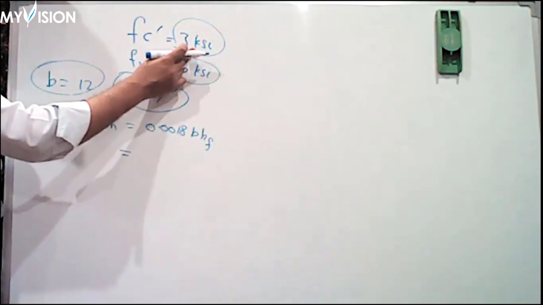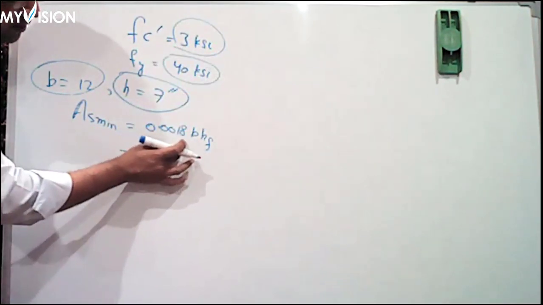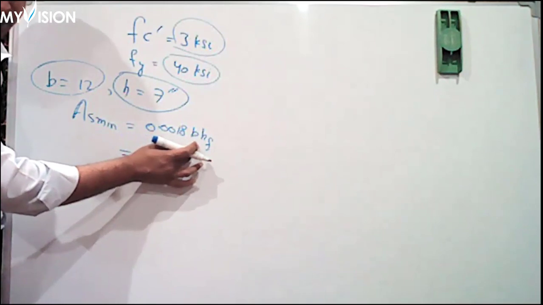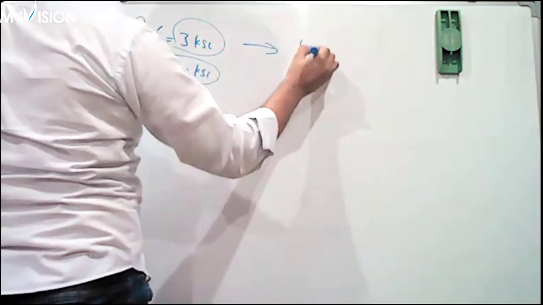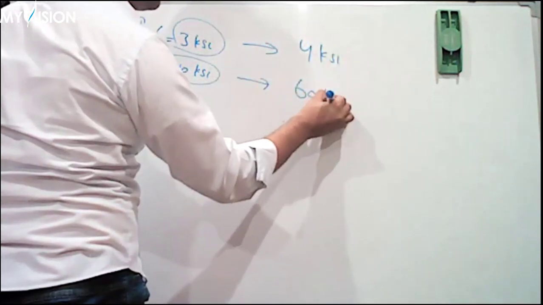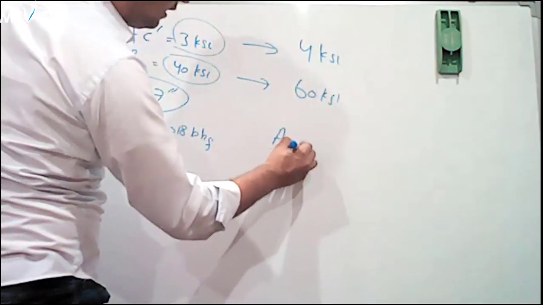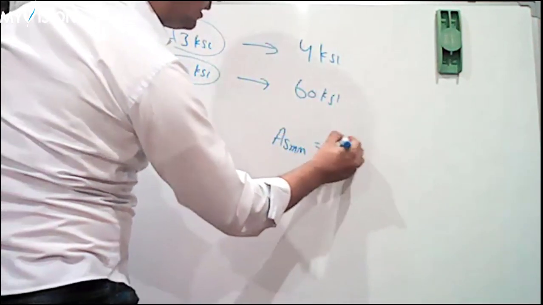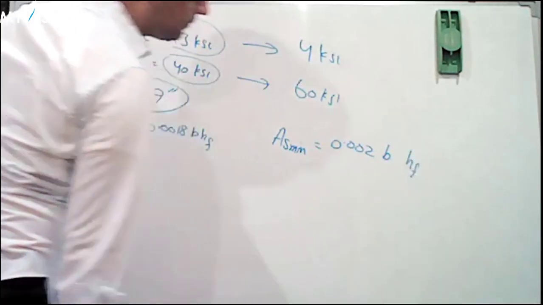If this is 3 KSI and this is 40, the AS minimum formula will be 0.0018 BHF. If this is 4 KSI and this is 60 KSI, then your AS minimum formula will be 0.002 BHF.